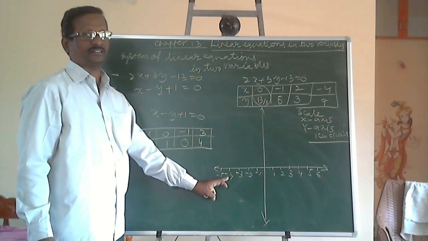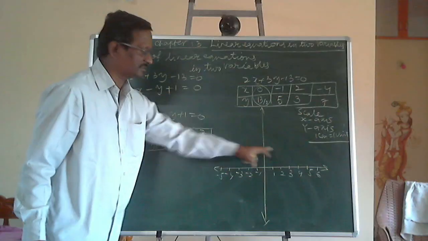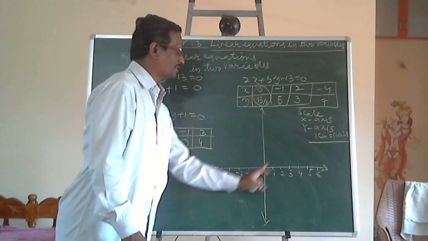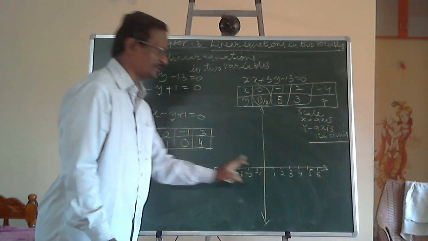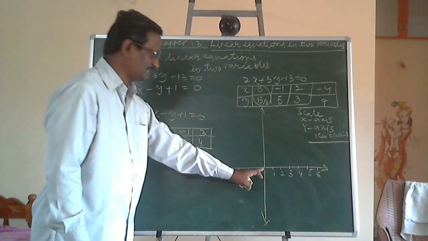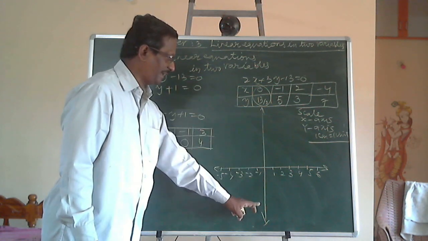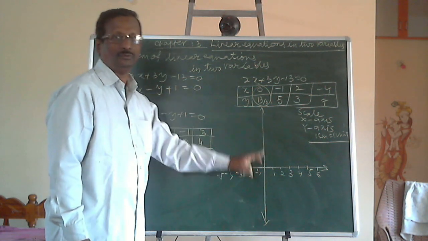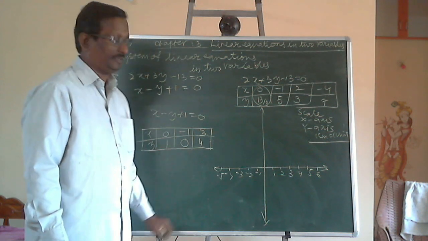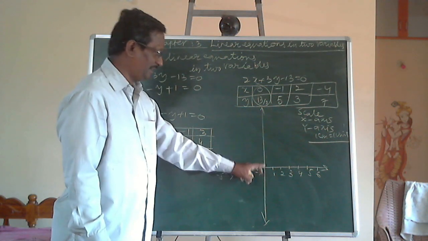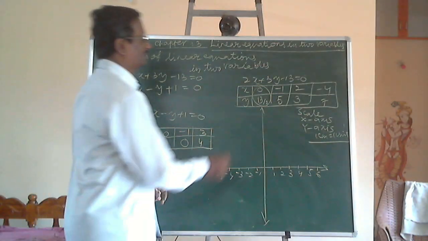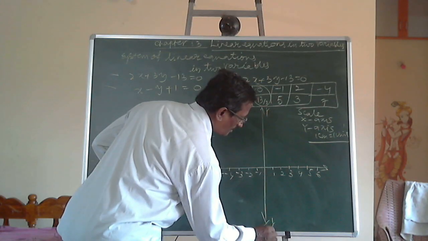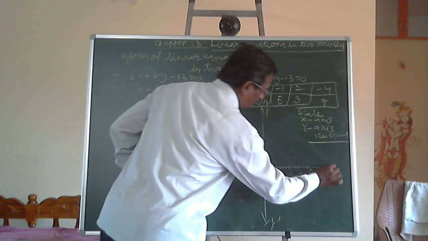Children often make mistakes here. The x axis is the horizontal line from this origin, towards the right positive, towards the left negative, and from this origin it is the y axis. Above the x axis is the positive side of the y axis and below it is the negative side. This is y dash, x dash, x.